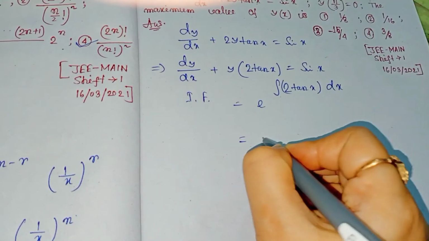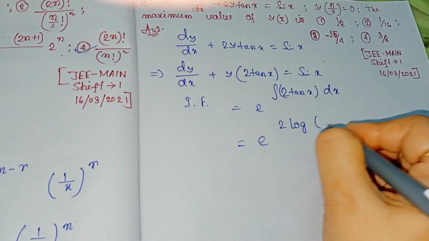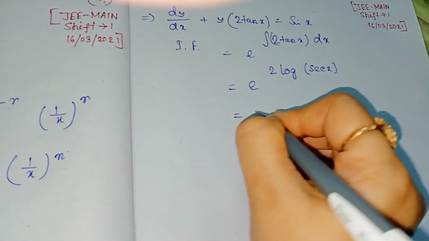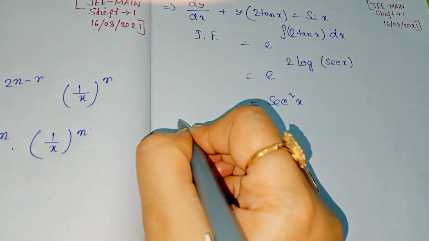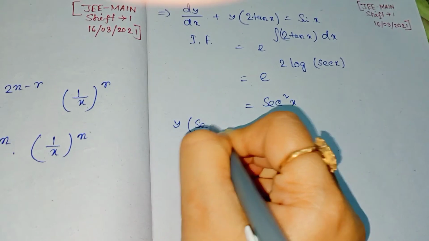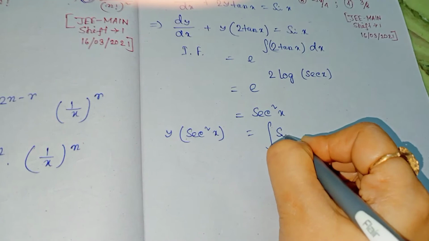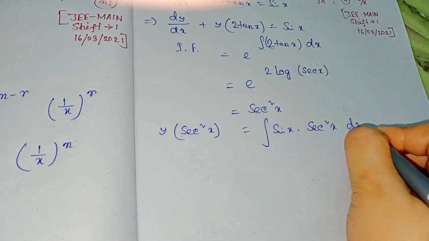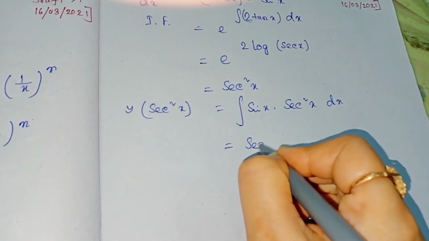So that is equal to e to the power 2 log sec x. So it becomes sec² x. Now y sec² x is equal to integral of sin x sec² x dx. So that is equal to sec x plus c.